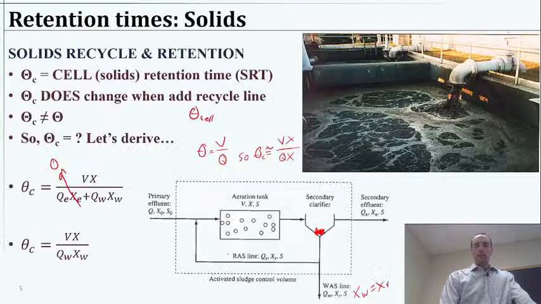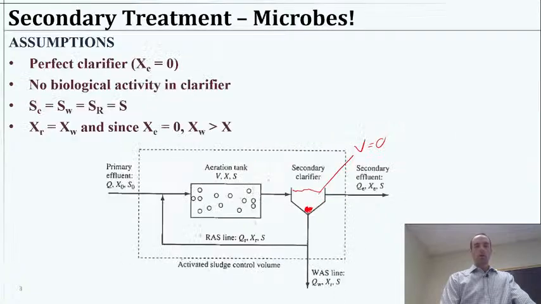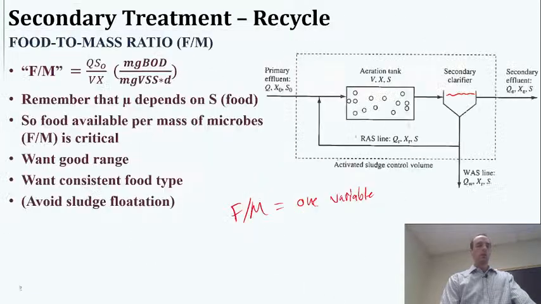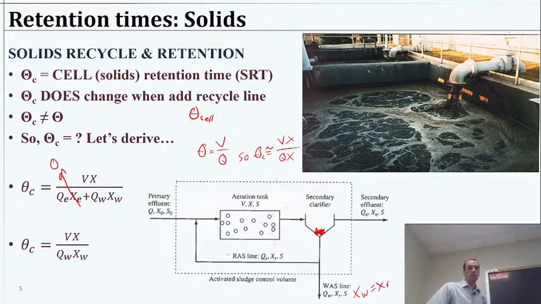Those two equations are, I think, about all we really need in order to solve problems with a recycle system. So you'll have those both on your equation sheet. Remember, these obviously do not apply to no recycle systems. We're making a big distinction between the recycle systems and the no recycle systems.